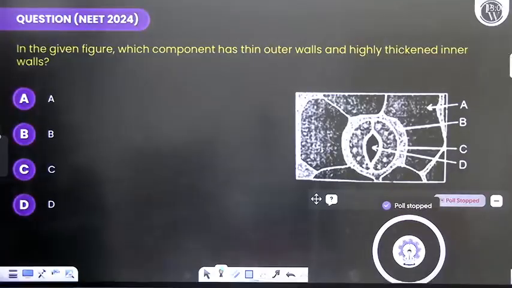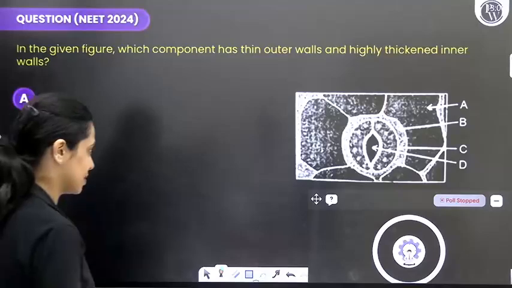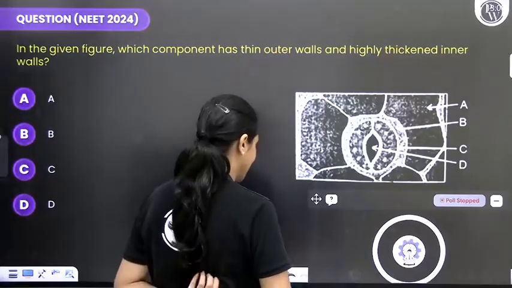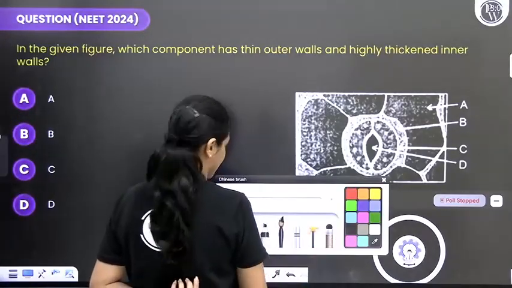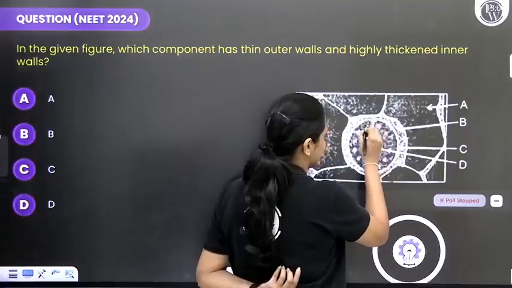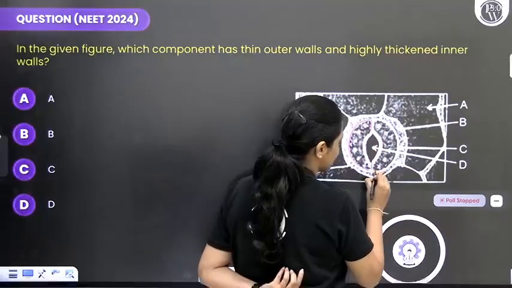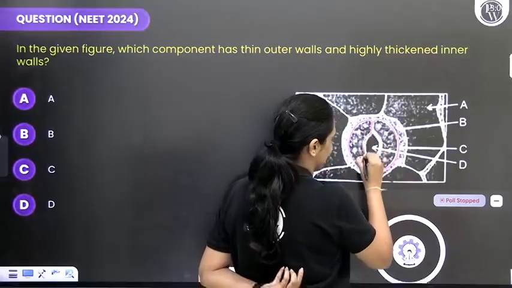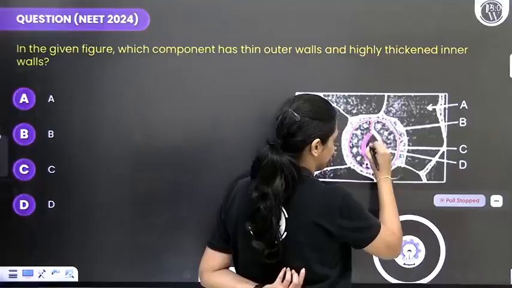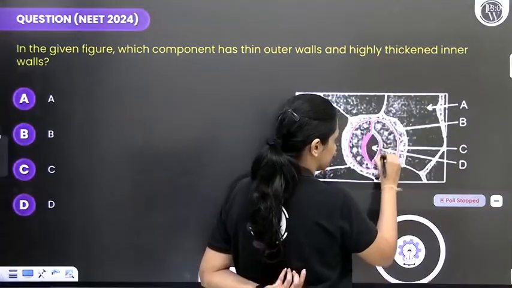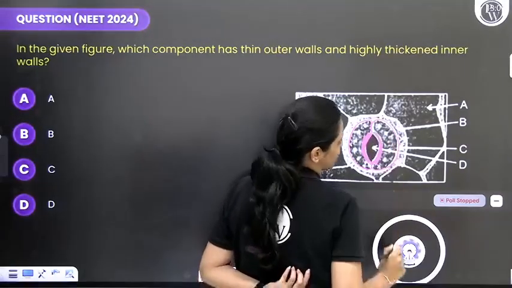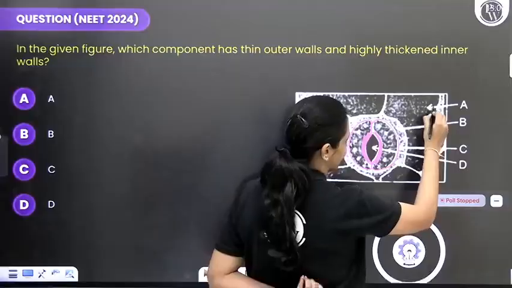Which has thin outer walls and highly thickened inner walls? It is the guard cells that have thin outer walls and highly thickened inner walls. So this image is not really very clear.